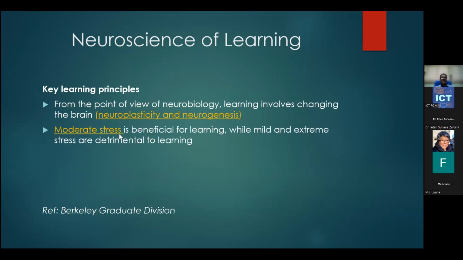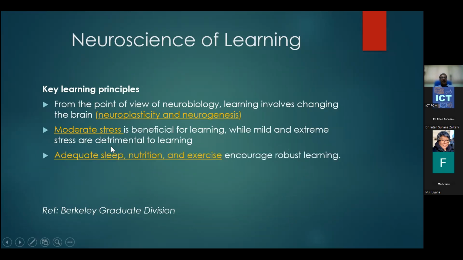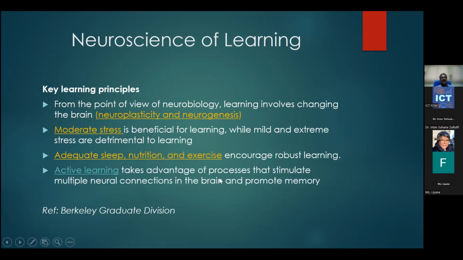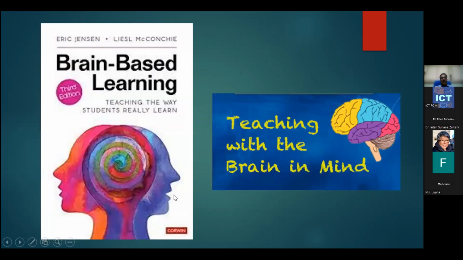And moderate stress is beneficial for learning, while mild and extreme stress are detrimental for learning. So it's important for students and the lecturers as well to have adequate sleep, nutrition, and exercise to encourage robust learning. And active learning takes advantage of processes that stimulate multiple neural connections in the brain and promote memory.